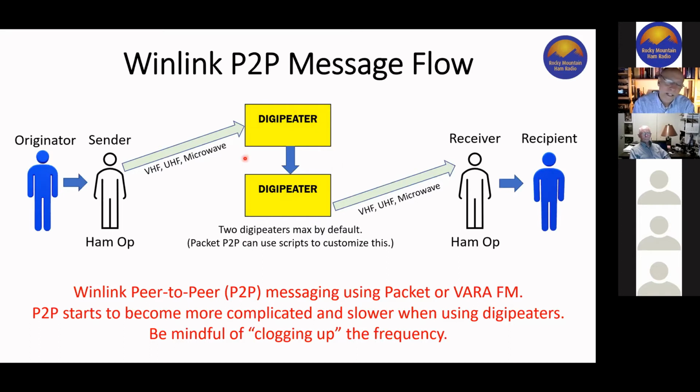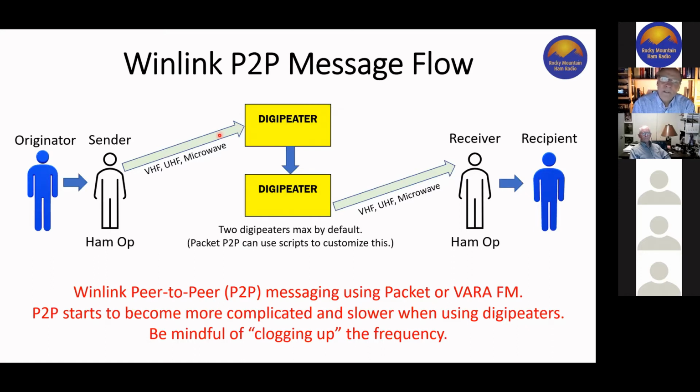They're located up on high towers typically. So these guys hear a lot of other activity on the frequency that the originator or the receiver may not hear at all at their locations, but the Digipeater hears it. And Digipeaters are courteous devices. They will not transmit on the frequency if they hear other activity on that same frequency. So just beware of this particular situation here.